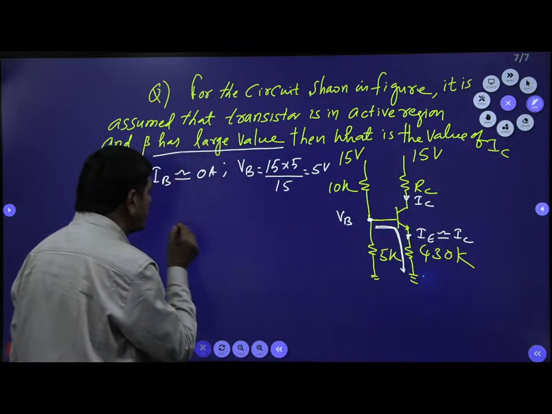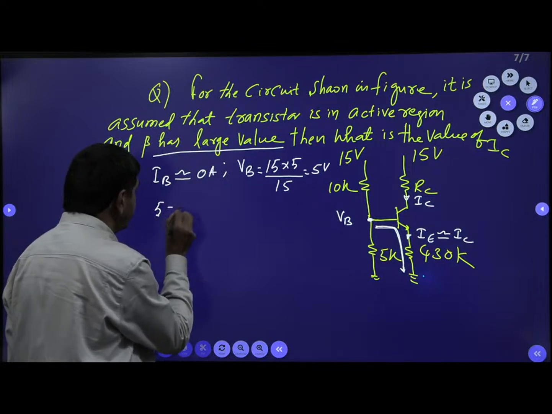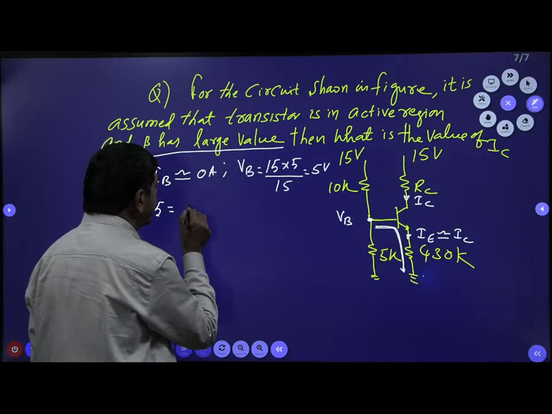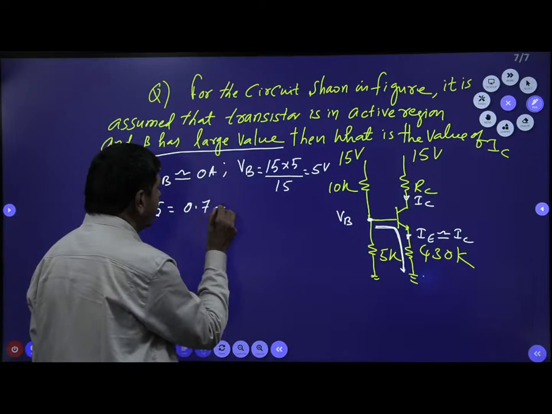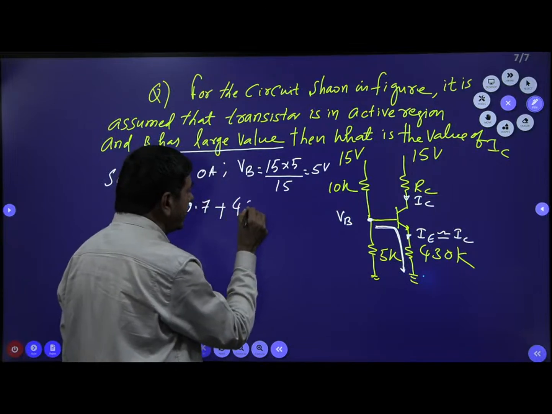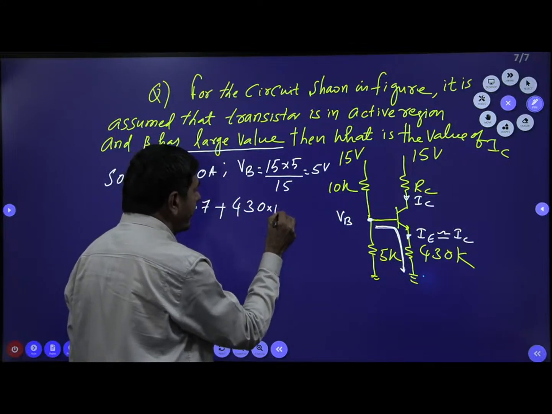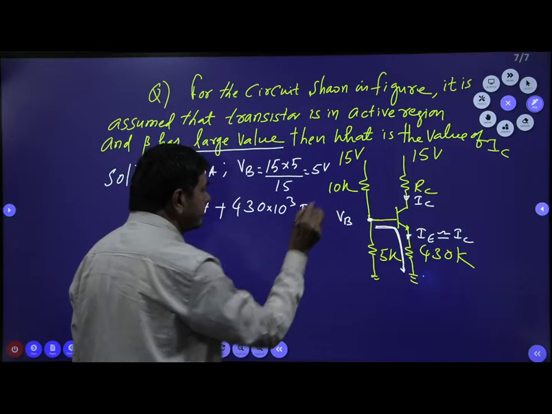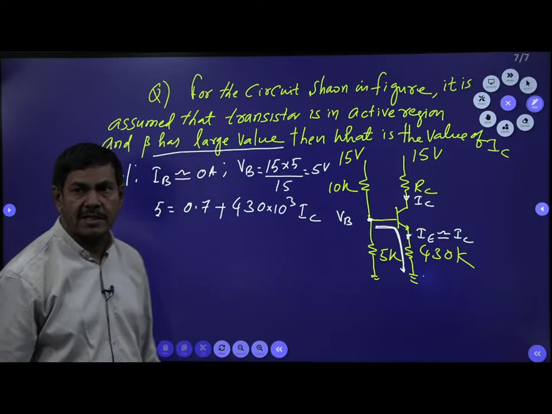VB equals 5 volts equals base to emitter voltage, not given, so we need to take it as 0.7 volts, plus the drop across this 430K into IE. IE is approximately equal to IC.